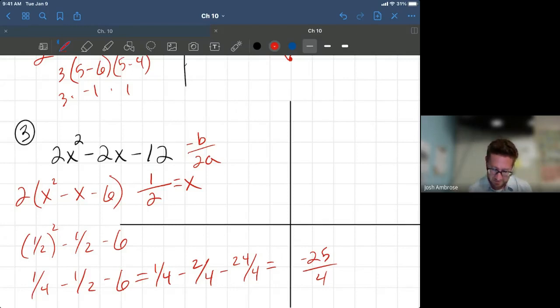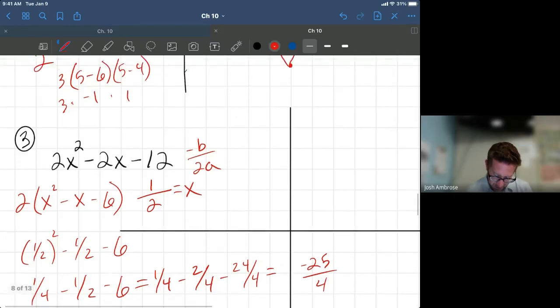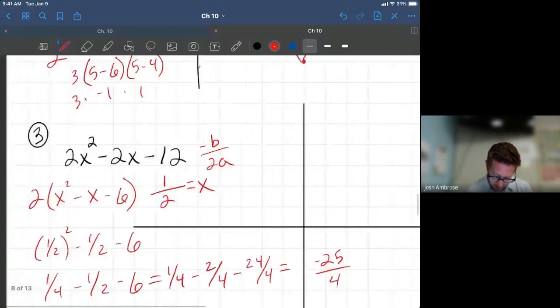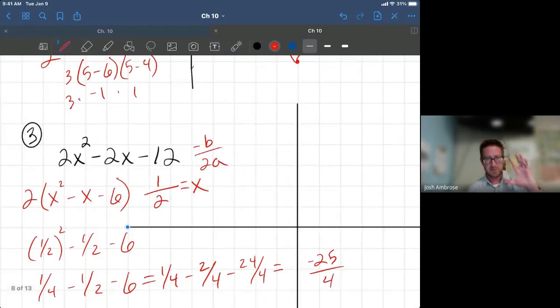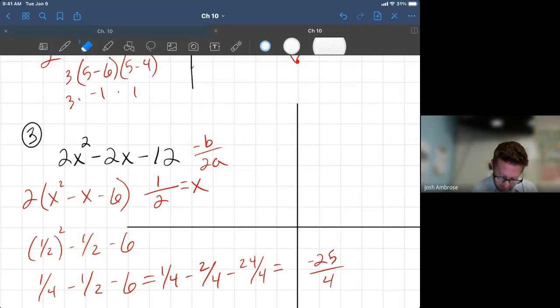When we put this together as the vertex, I understand you're looking at two fractions and no one really likes fractions. You're just going to do your best estimating roughly on the graph where we are. I know we got a lot of work here. I'm probably going to have to erase a little bit, so hopefully if you need to, you can pause and keep your work in there. I'm just going to clear out a little bit of space.